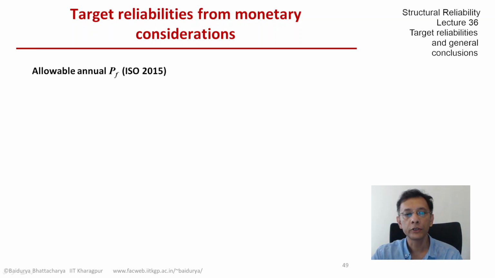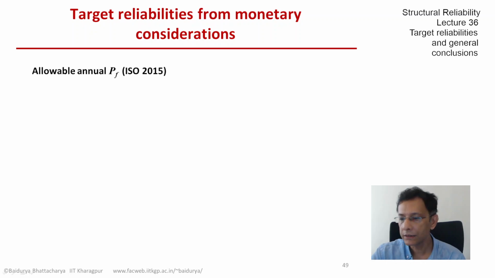We see a reluctance to derive the target reliabilities from cost considerations, from cost optimizations, and that is understandable because there are moral and ethical issues in trying to put a value on human life. Although society does that from time to time, and we see evidence of that in the form of compensations or damages awarded in the event of loss of one life or several lives.